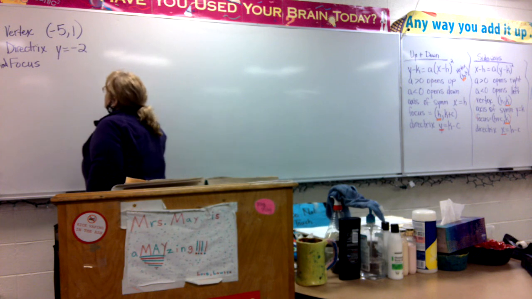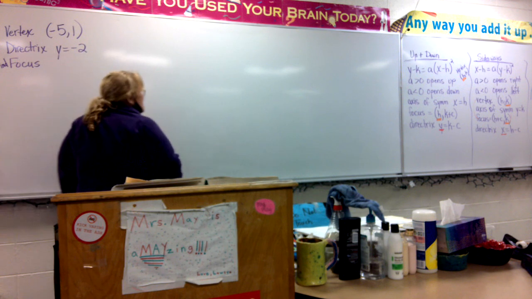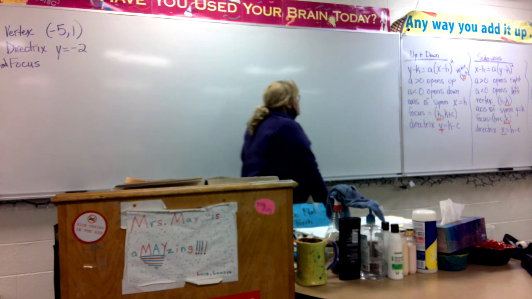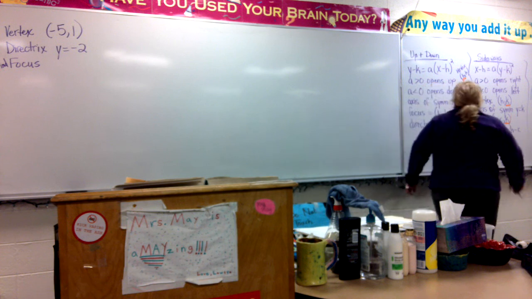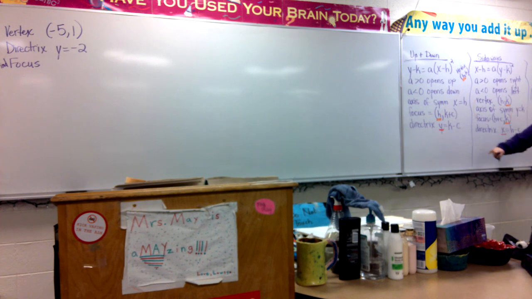And I'll give you a hint. If you know the directrix, it's easy. Look over here. With one parabola, the directrix is a y equals line. And with the other parabola, the directrix is an x equals line.